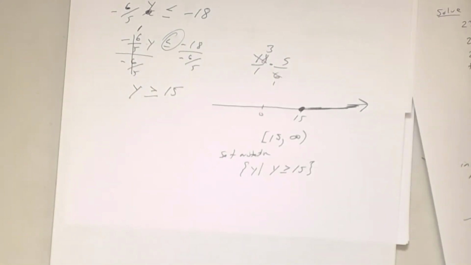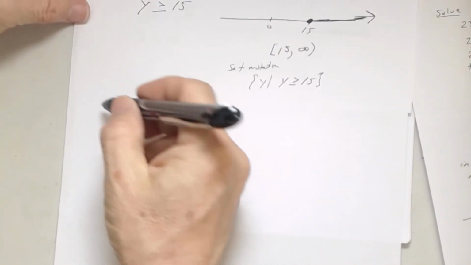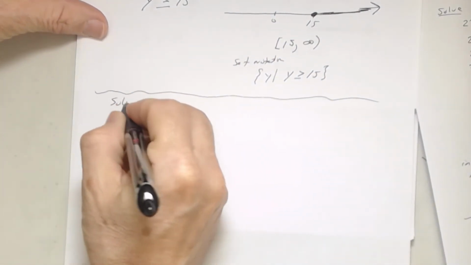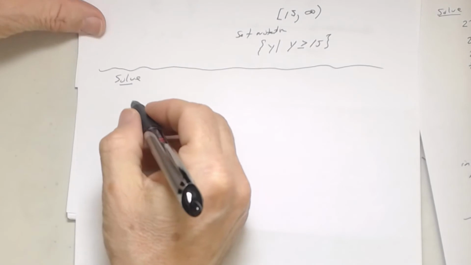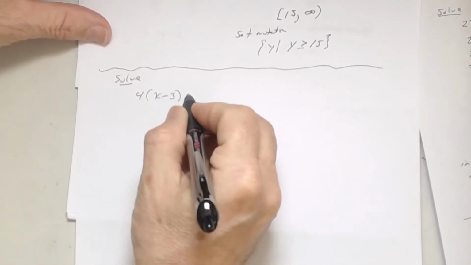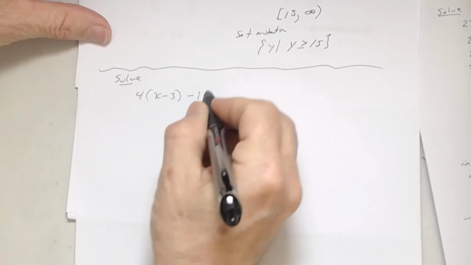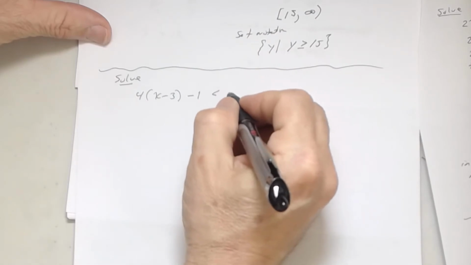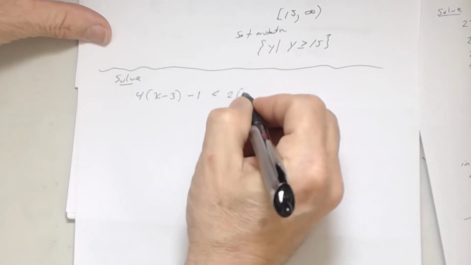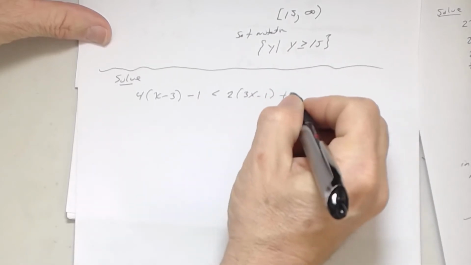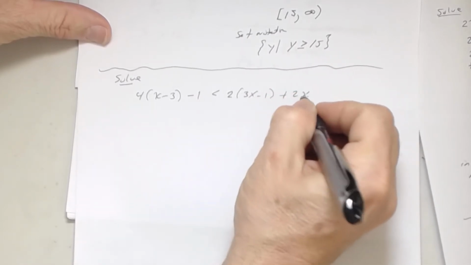Okay. All right. Then let's look at this one. Suppose we had 4 times x minus 3 minus 1 is less than 2 times 3x minus 1, plus 2x.